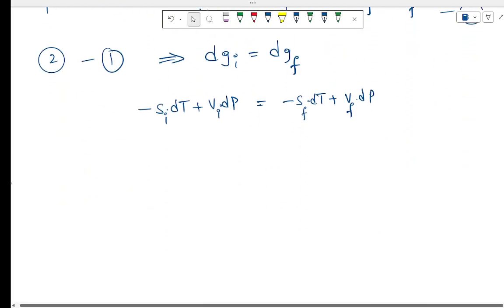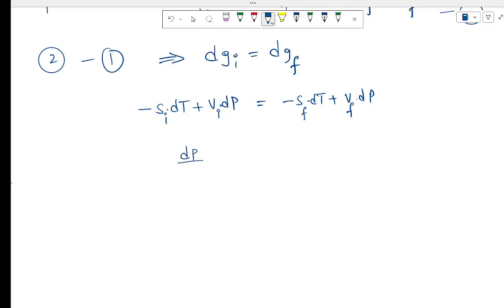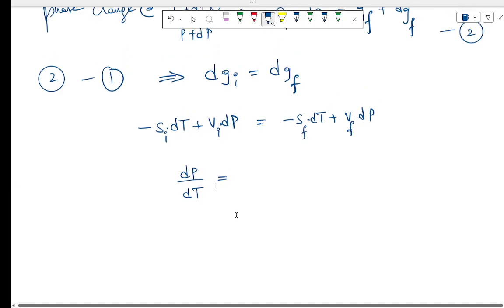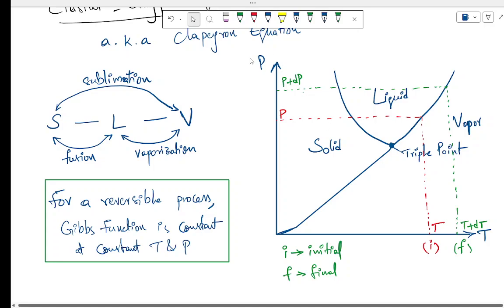So from this I can get the expression for dP by dT, change in pressure with respect to change in temperature I am measuring. It's a kind of slope I am measuring on my PT diagram. Okay, this is my PT diagram. So dP by dT will be a slope here.